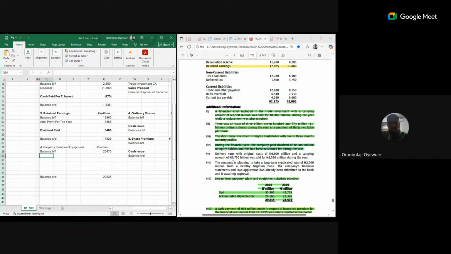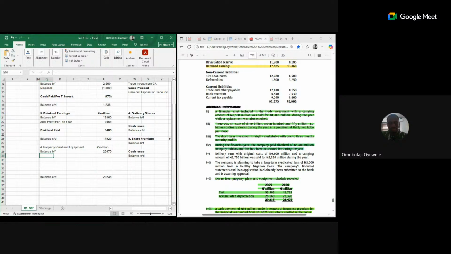So now, the delivery van is property, plant, and equipment. The delivery van with an original cost of 6,600,000 and a carrying amount of 3,750,000.